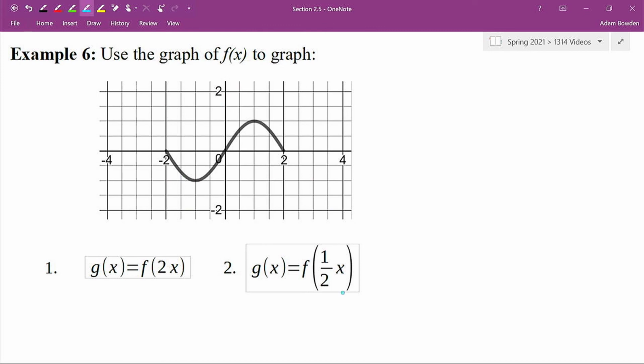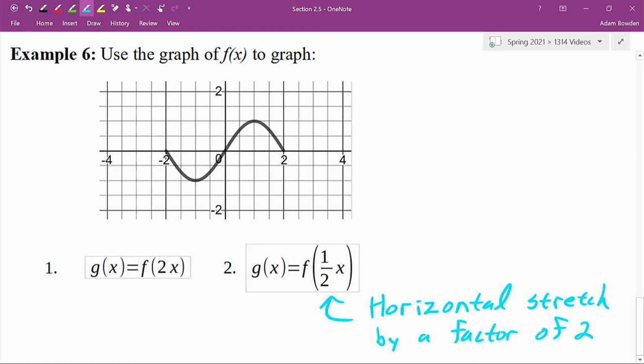Now looking at the next one here with f of 1/2 x, that's going to refer to a horizontal stretching factor of 2. So in order to make that happen, we're going to double the x values at each coordinate. In the original graph, again, we had a coordinate of -2, 0.